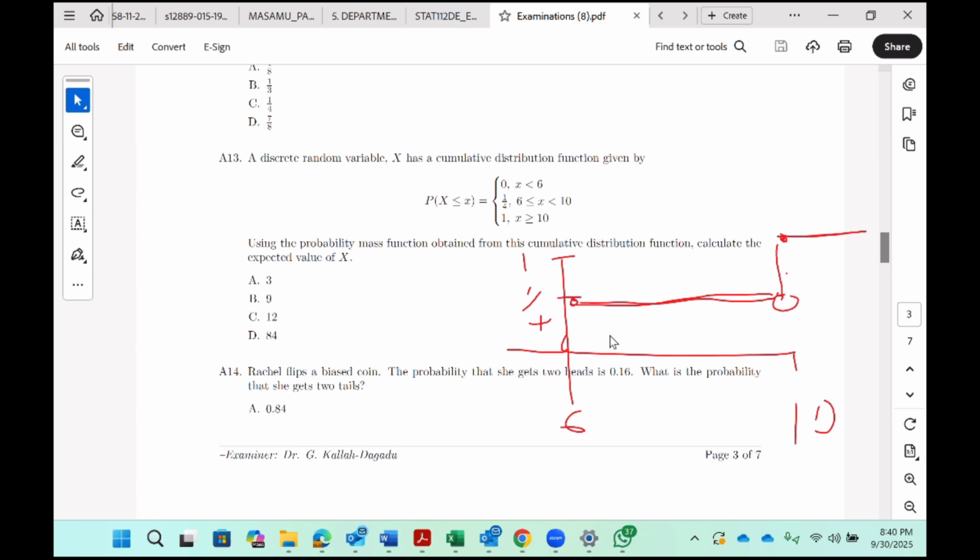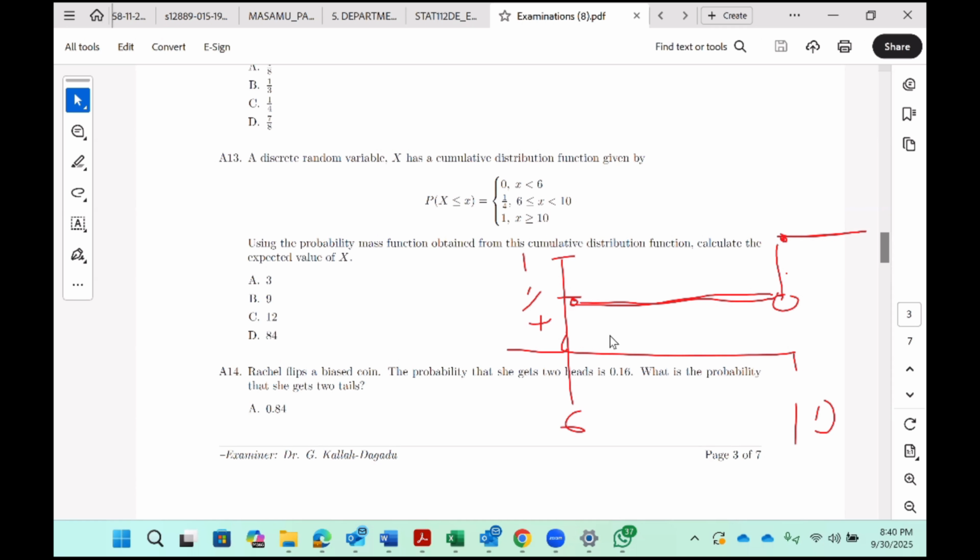So what you need to do is to find the probability at 6, the probability at 7, the probability at 8, the probability at 9, the probability at 10. So it jumps. So at 10, for values greater than this, between all this is just 1 over this thing.